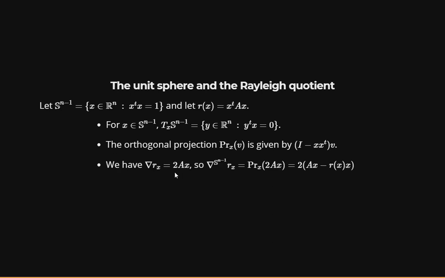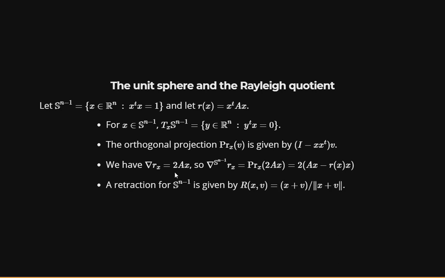The gradient in R^n of our function is 2Ax. So the gradient on the sphere, if you remember, is the projection of the gradient. If you do the computations, you end up with 2Ax minus 2r(x)x. And when this is 0, you get an eigenvector, obviously.